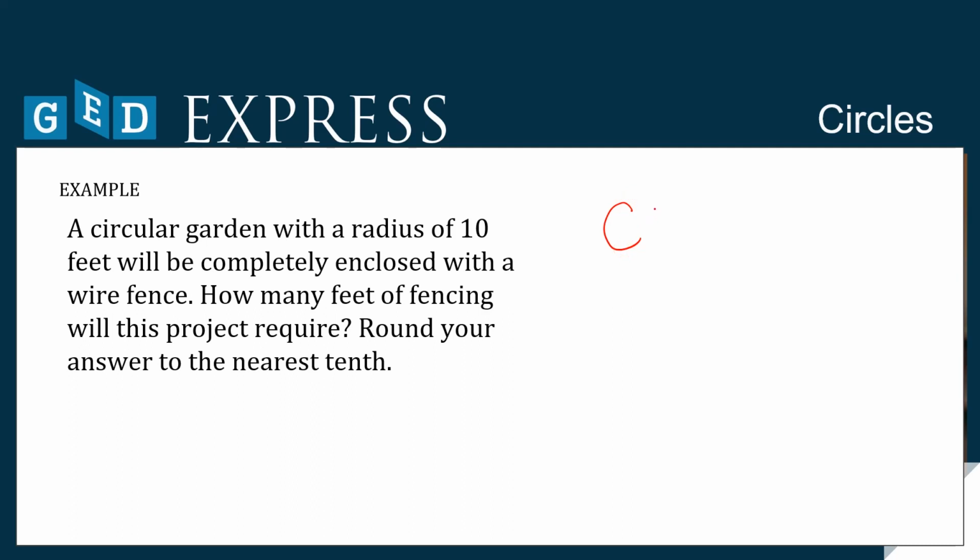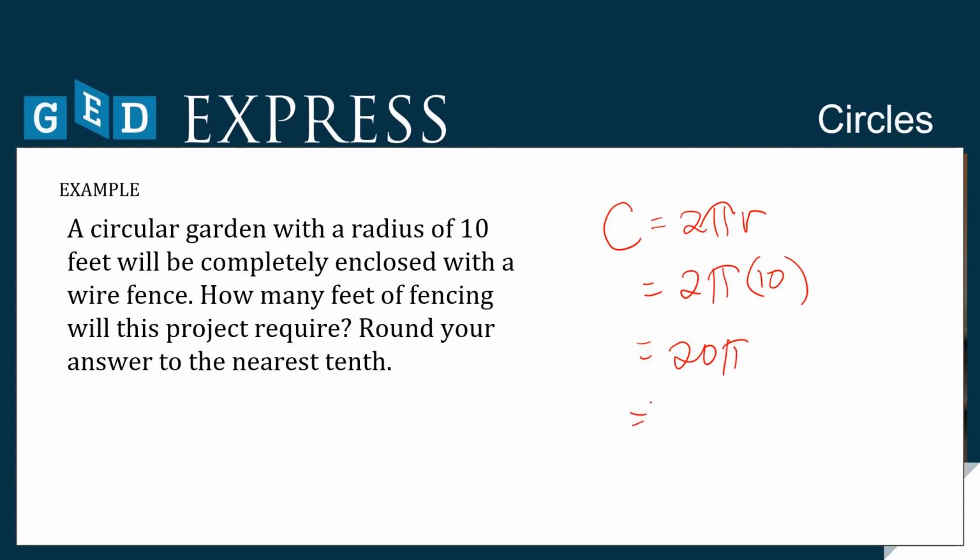The formula for circumference is 2 pi r. Then substitute 2 pi times r. R is 10 feet. So we have 20 pi because we multiplied 2 and 10.